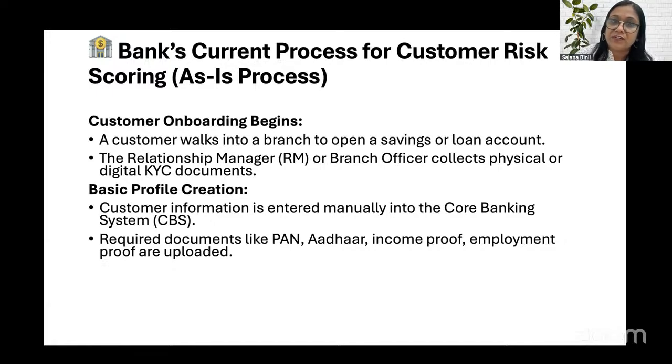Customer information is then entered manually into the core banking system. Every bank has this core banking system where all the customers' information is maintained. There are documents like PAN, Aadhaar, income proof, employment proof, and whatever the bank needs is uploaded in this core banking system.